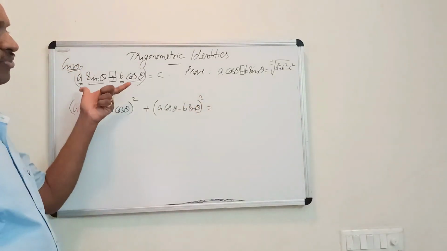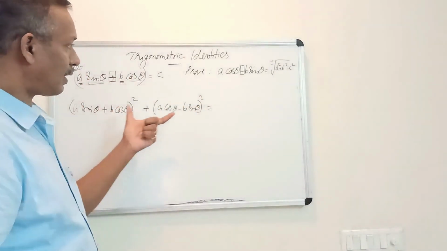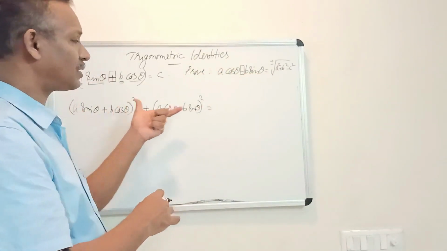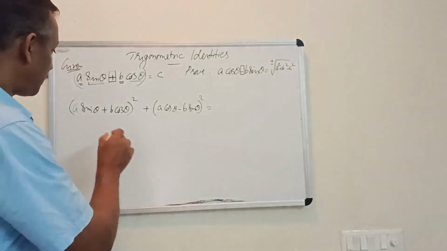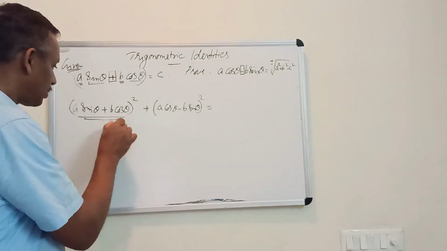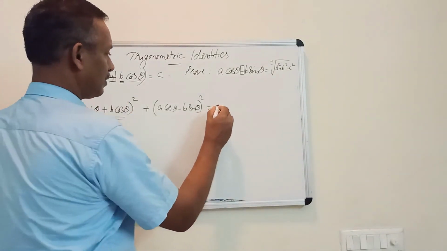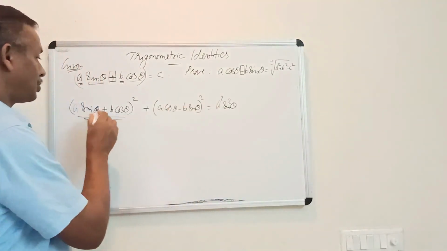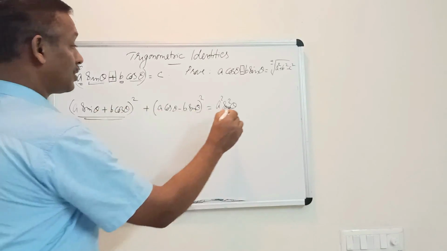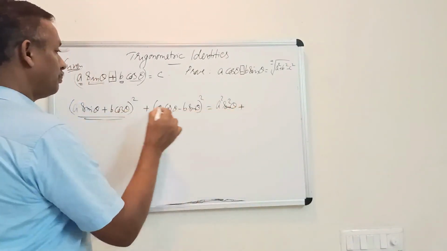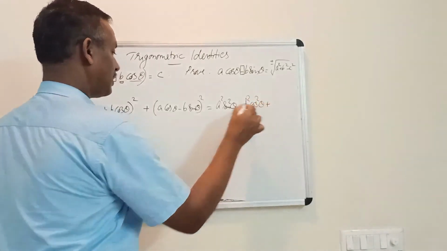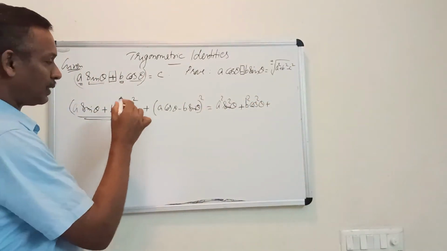Take the square of the given and of the to-prove LHS, add their squares, and expand using a plus b the whole square. You get a square sin square theta plus b square cos square theta, plus 2ab sin theta cos theta.